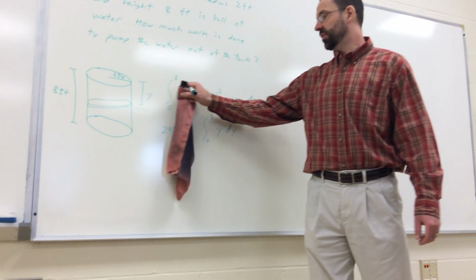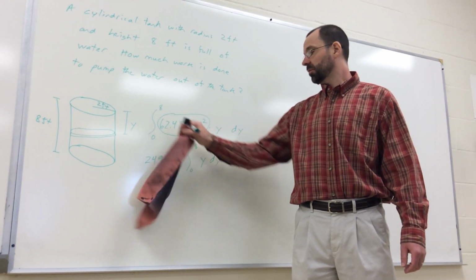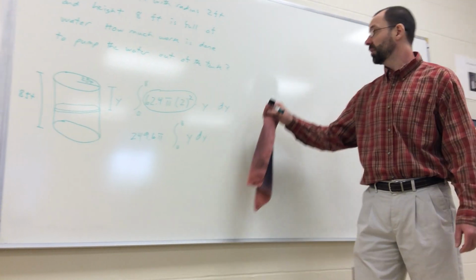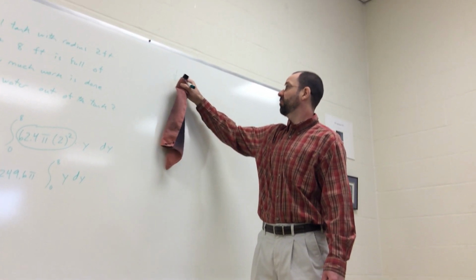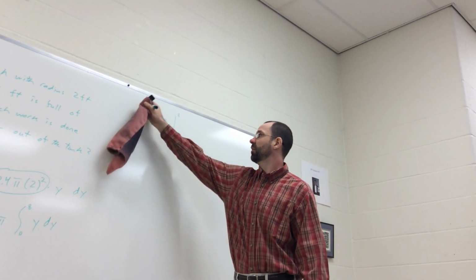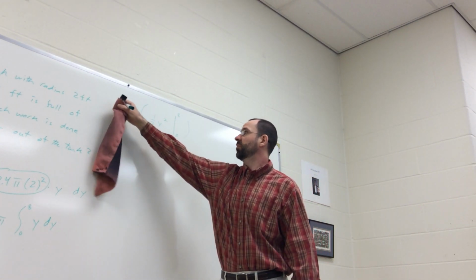So I just took all of this, which was a number, and pulled it in front of the integral. Now I'm going to take the antiderivative. So that's 1/2 y squared from 0 to 8 times 249.6.